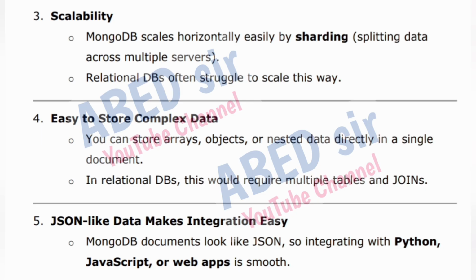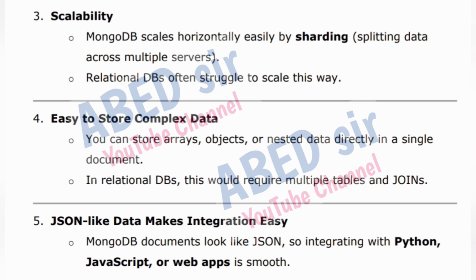MongoDB scales horizontally easily by sharding, splitting data across multiple servers. Relational DBs often struggle to scale this way. 4. Easy to store complex data. You can store arrays, objects, or nested data directly in a single document. In relational DBs, this would require multiple tables and joins.